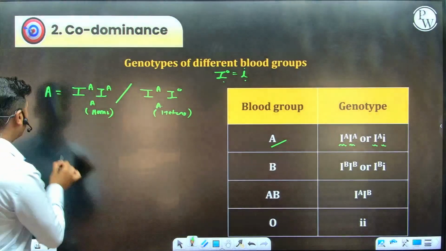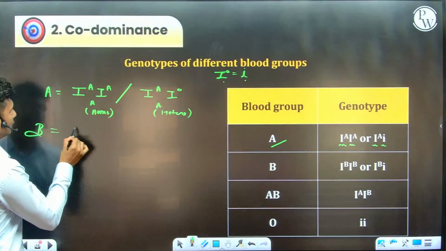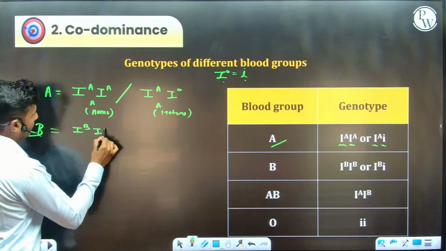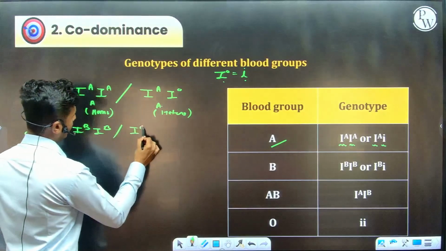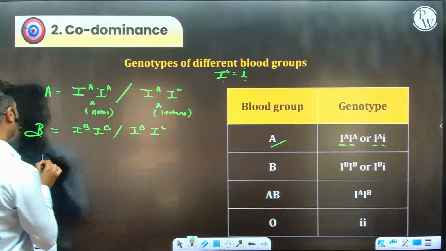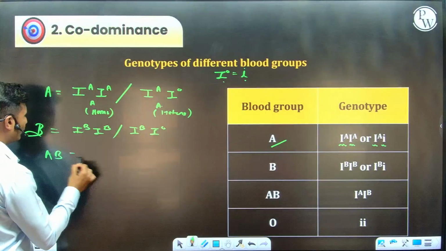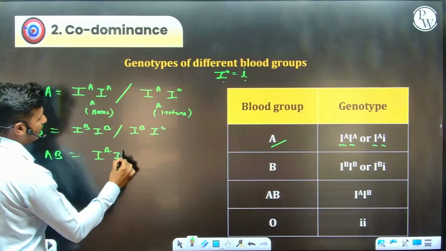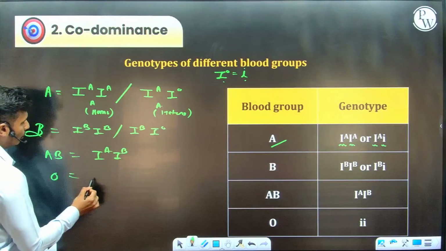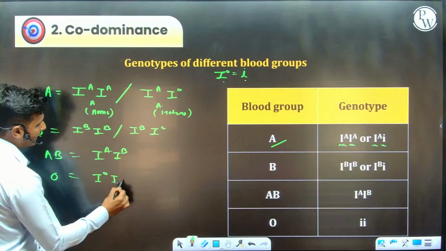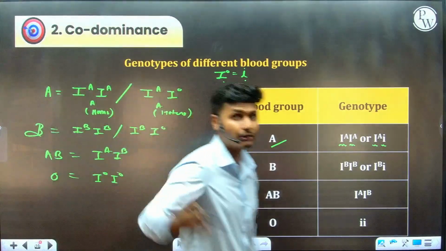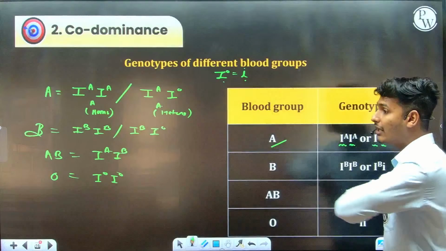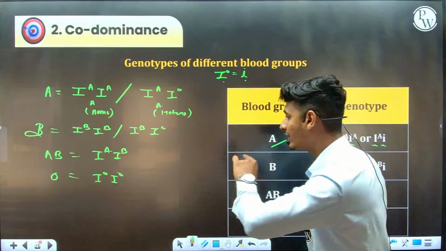Now for blood group B, IB IB or IB IO. Blood group AB, only one, IA and IB, both express. And blood group O is IO and IO. This is the symbol. We have to remember this symbol. On the basis of that, we are going to solve some MCQs.